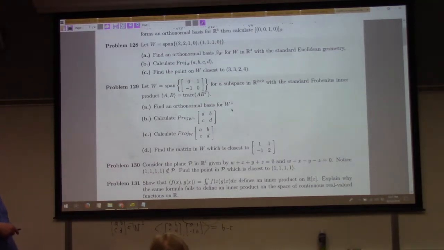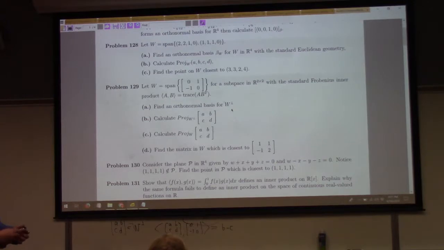So your basis would be E11, E12 plus E21, and then E22. I think that's already orthogonal if you look at it. So you just have to normalize it, right?